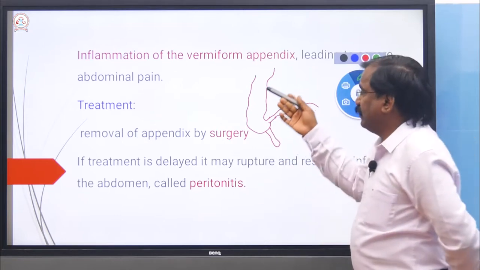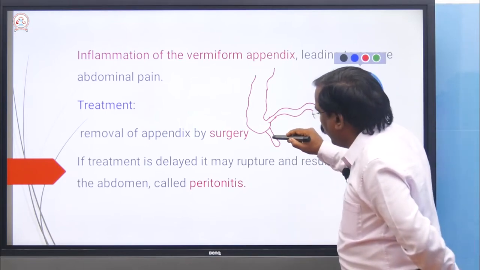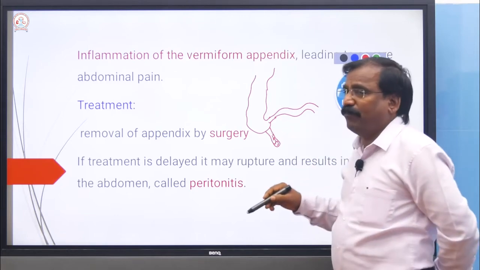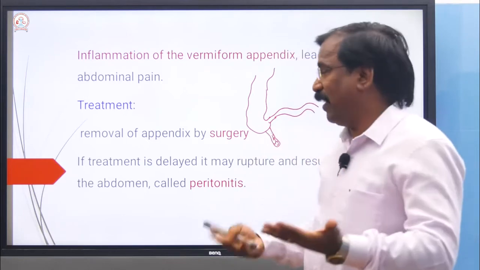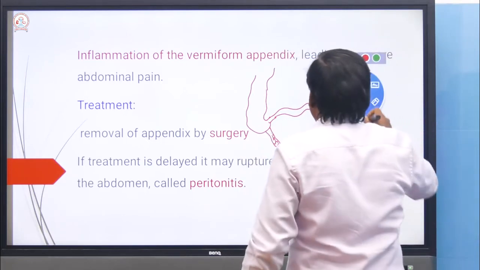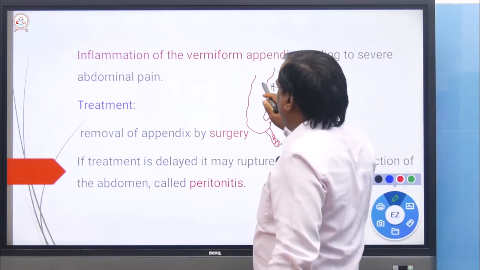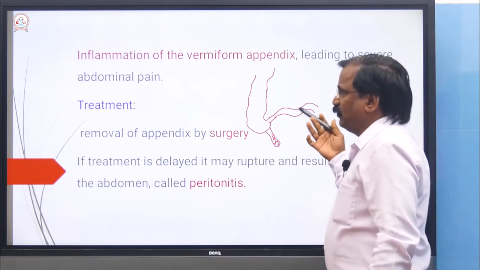Some bacteria found in this large intestine, because of irregular bowel movements, reside and multiply in enormous numbers. That causes inflammation, which is called appendicitis.